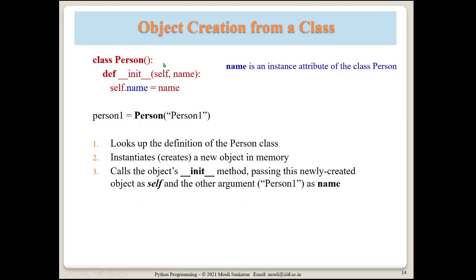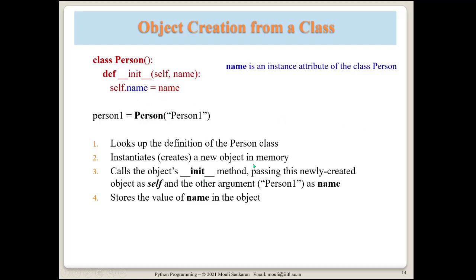It has created the object already and it is passing it now, along with the argument given on this particular creation line. The name variable, name ID, is now created, and it is assigned a value. So it stores the value of name in the object.